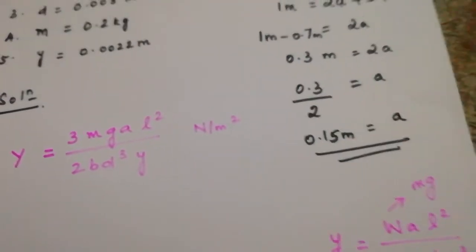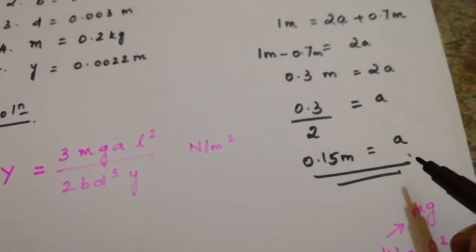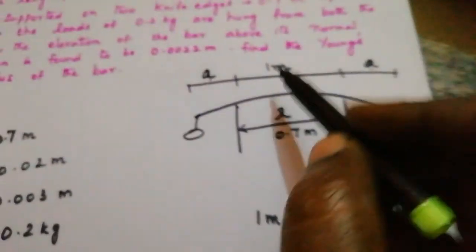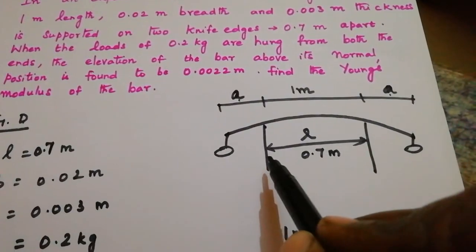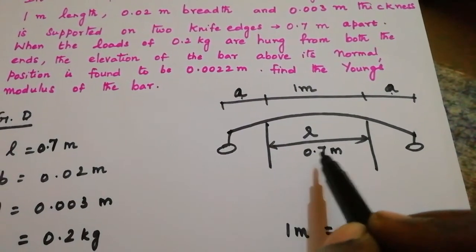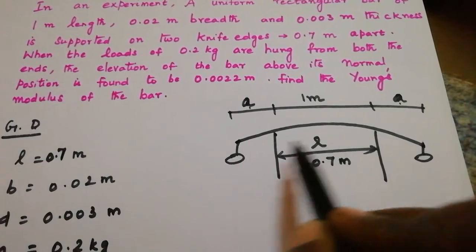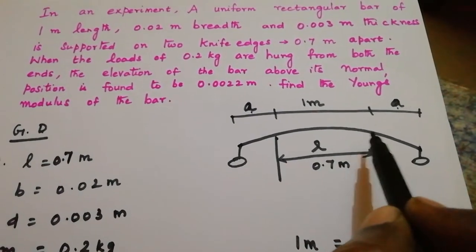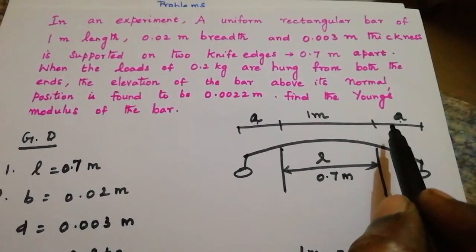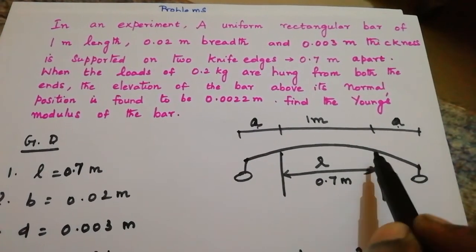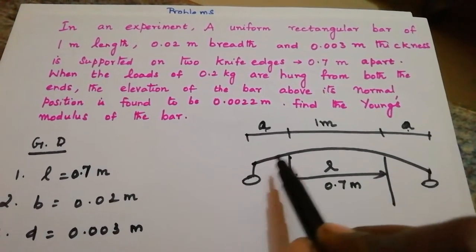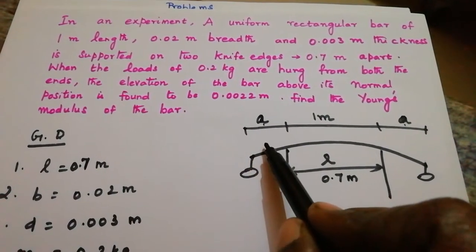Now the question is, the value of a is also needed. Though it is not given, we need to calculate it. The total length is 1 meter. The distance between two knife edges is 0.7 meter. The loads are hung from both the ends. The a value, from the load to the nearest knife edge, will be a. Similarly, I'll get another a here.